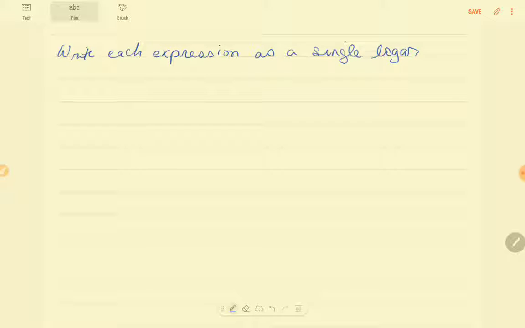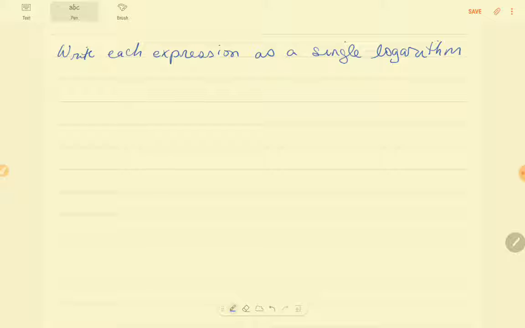So I'm going to show you number 75, and I guess I'll write the directions first. Write each expression as a single logarithm. It also says assume all variables represent positive real numbers.